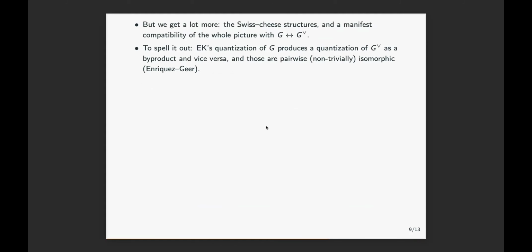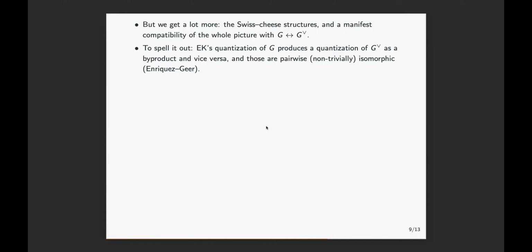So to spell it out a little bit more precisely, what I mean by there being a symmetry between G and G dual: as we saw on the previous slide, we also got a quantization of G dual for free. If you take the Calaque formalism and apply it to get a quantization of G, you get a quantization of G dual as a byproduct.